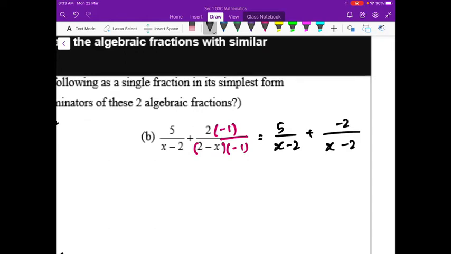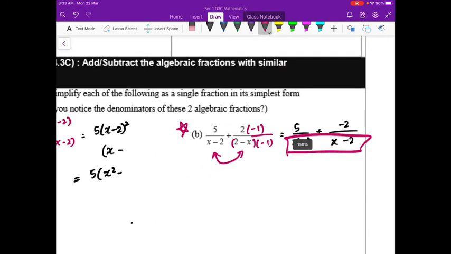This is the other type of question, very common, that requires you to multiply both numerator and denominator by negative 1 to make the denominators the same. If you had multiplied both denominators, you would end up with something bigger, a power 2, with x squared, where the simplest form is actually x minus 2 to the power 1 only.